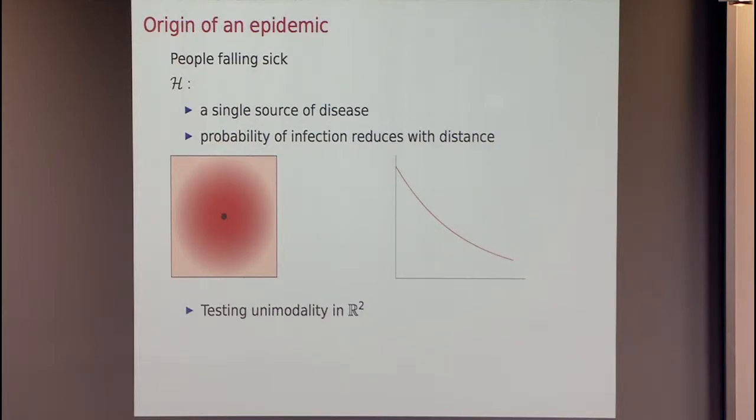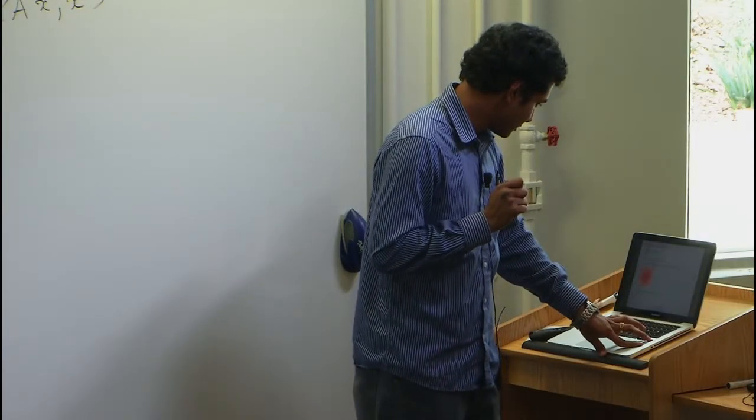So this problem will correspond to testing unimodality in R squared, when you observe a bunch of samples and you want to see if there is a unimodal distribution that conforms to your observations. However, this problem of unimodality will not follow strictly from the problem of monotonicity that we studied before. And I'll come back to that if time permits.